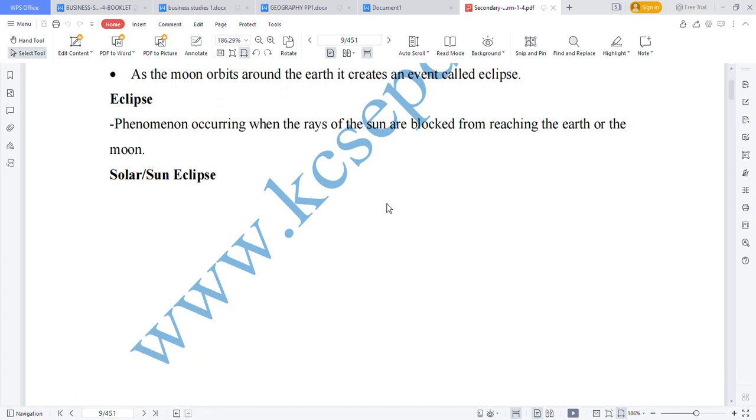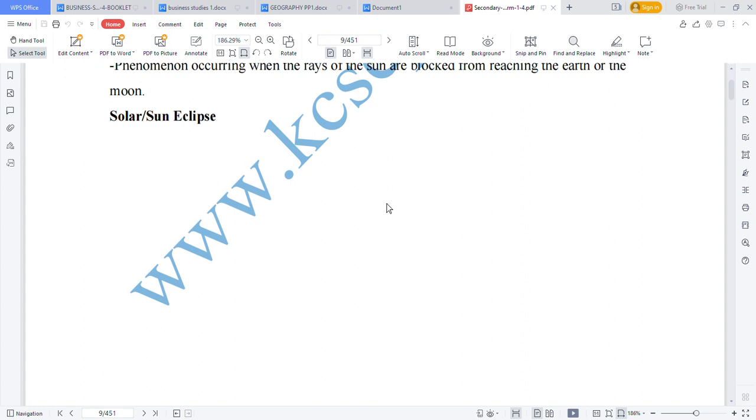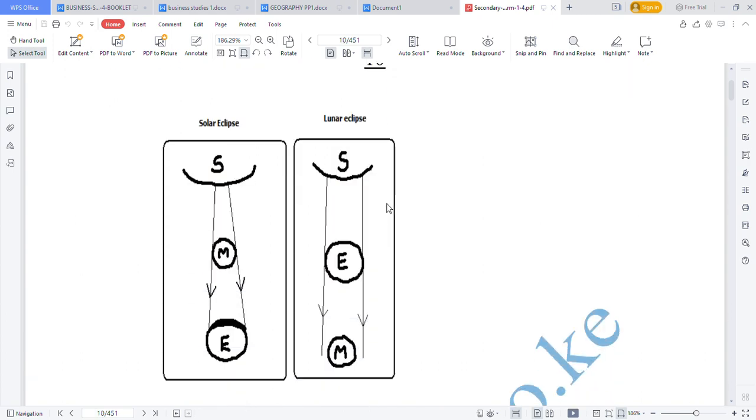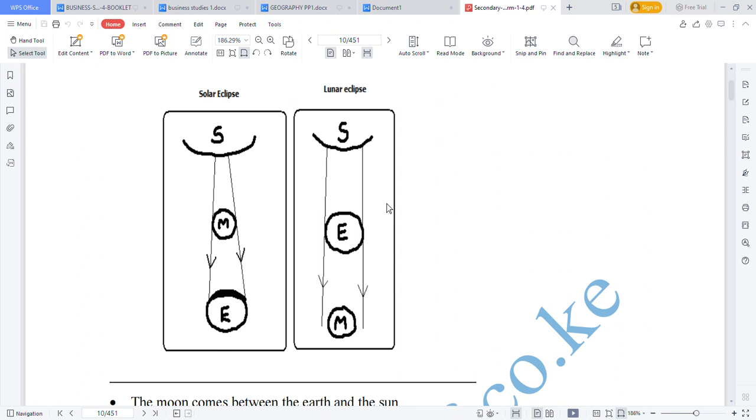So what is eclipse? Eclipse is a phenomenon occurring when the rays of the Sun are blocked from reaching the Earth or the Moon. You have the solar or sun eclipse and the lunar eclipse in the diagram.